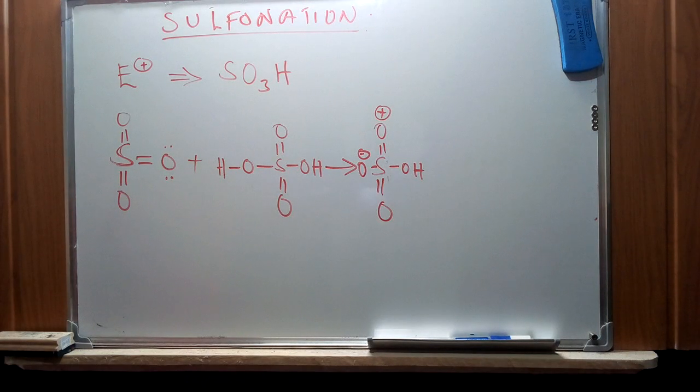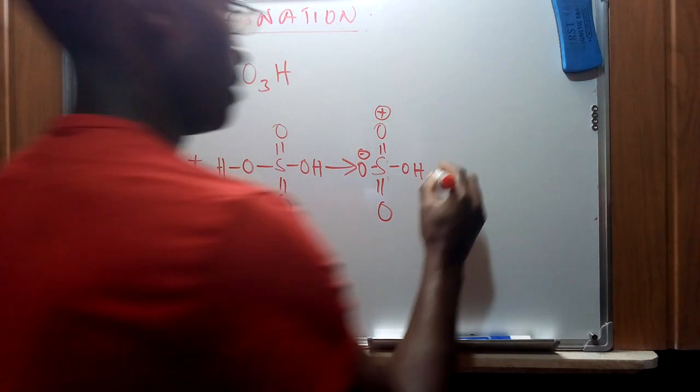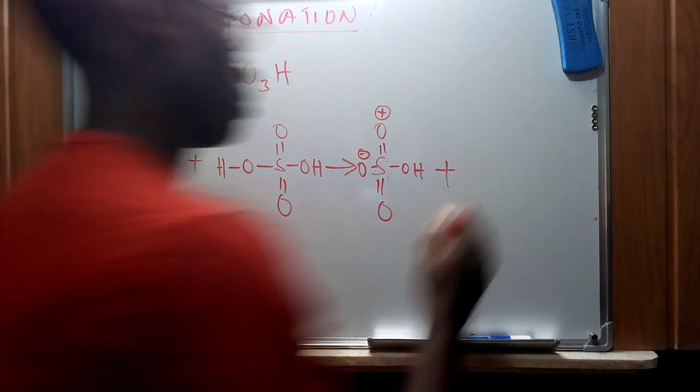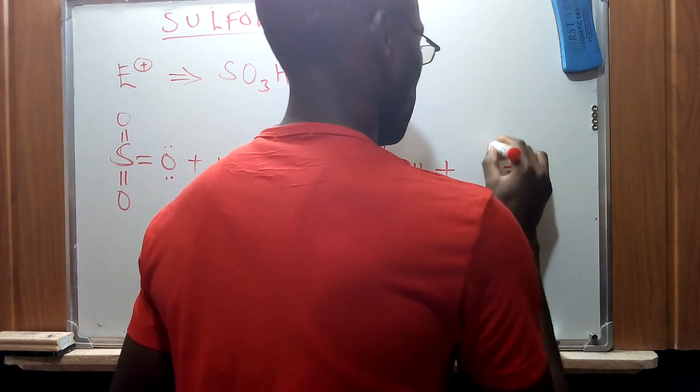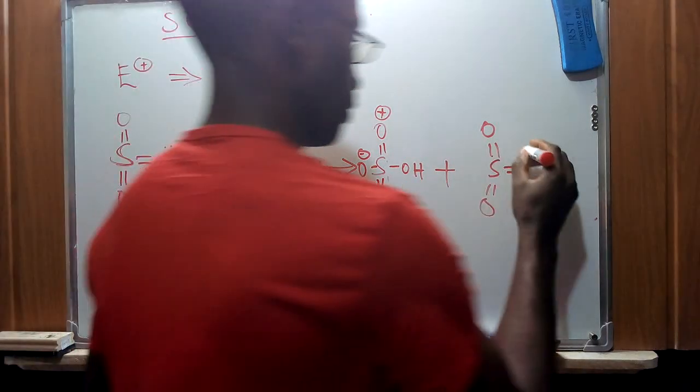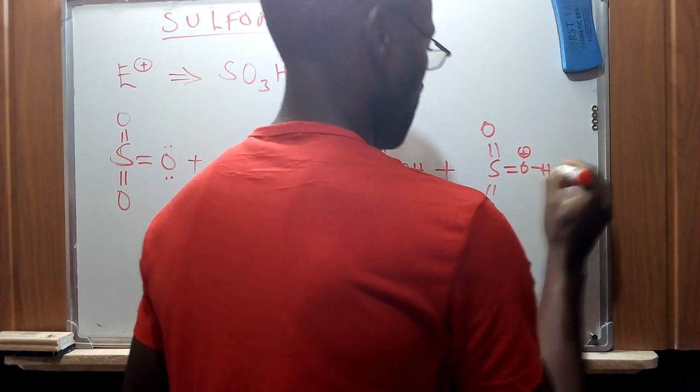and a positive charge at that point. Now there's also going to be another product from this reaction, which is going to have a positive charge here. This is a proton.